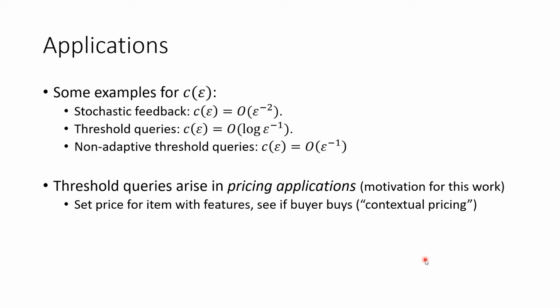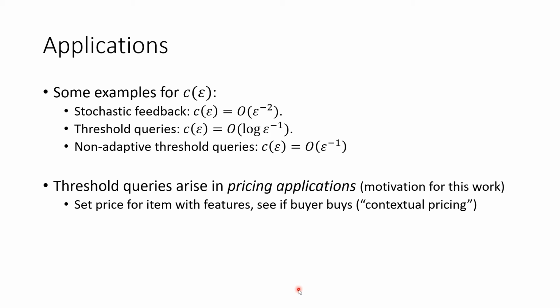Great. So a quick note on some motivations for this problem. This sort of thing occurs pretty naturally in a variety of online learning and active learning settings. So some natural examples for c(epsilon) which arise in practice: if you have stochastic feedback about the value of f(x), your cost to measure it within epsilon might be something like 1 over epsilon squared. That's the number of stochastic queries you need.